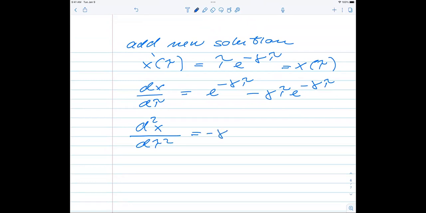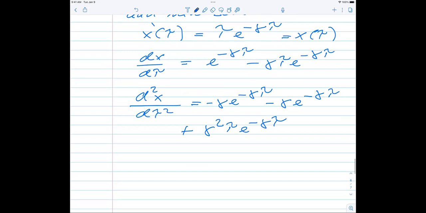So I get a minus gamma e to the minus gamma tau, and another minus gamma e to the minus gamma tau. This is not very exciting, guys. And then plus gamma squared tau e to the minus gamma tau. Then I put everything back into the differential equation, which has been simplified. When I scale away all these constants, it makes it easier to manipulate the equation. Plus x is equal to 0.